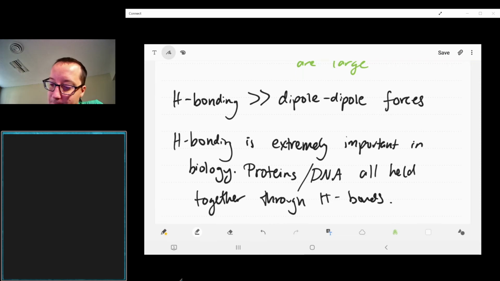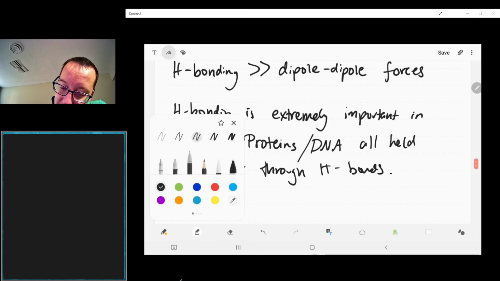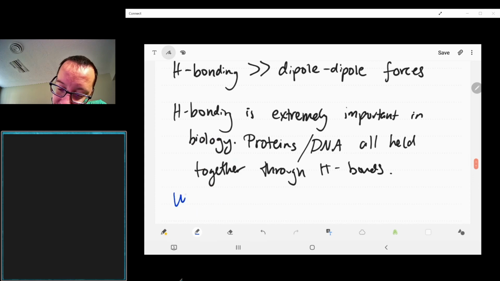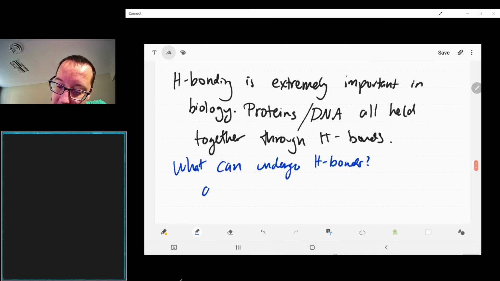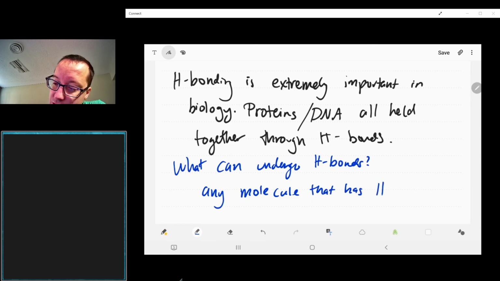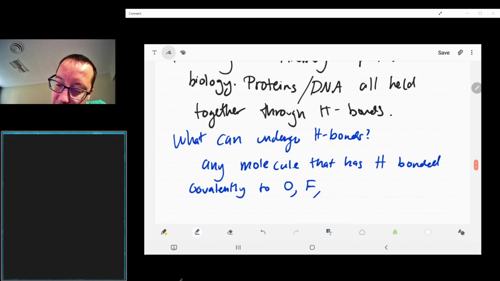Just understand that. So if we want to look at what can undergo hydrogen bonds, it's any molecule that has hydrogen bonded covalently to oxygen, fluorine, or nitrogen.